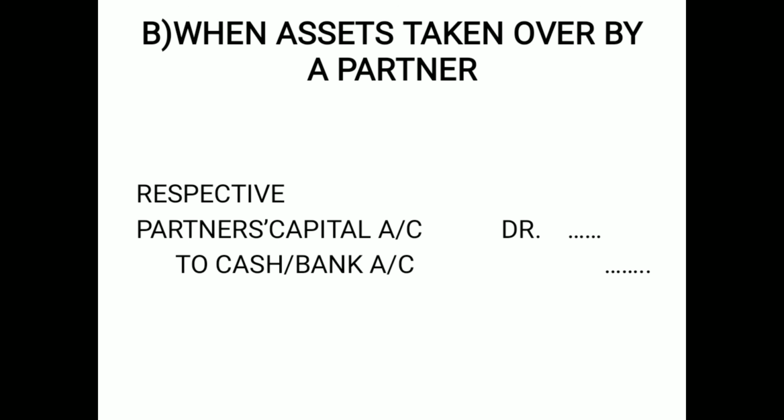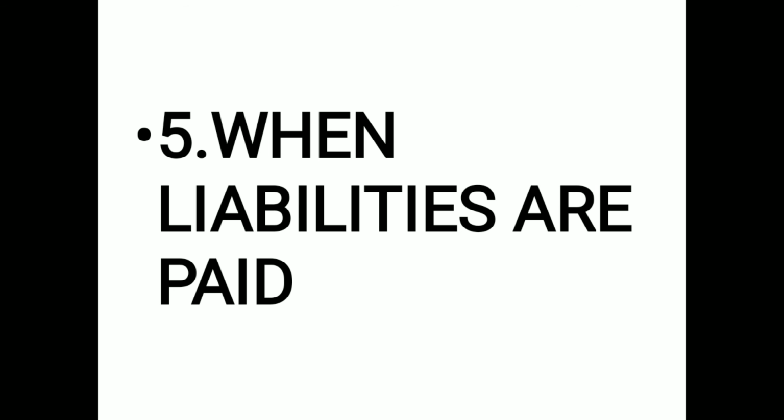And then income is realized from an unrecorded asset. So in short, all the assets have been cleared. They have been sold, either taken by the partner, or the unrecorded assets even have been sold. Now where do you utilize the amount that you have received on sale of assets? For the payment of liabilities.